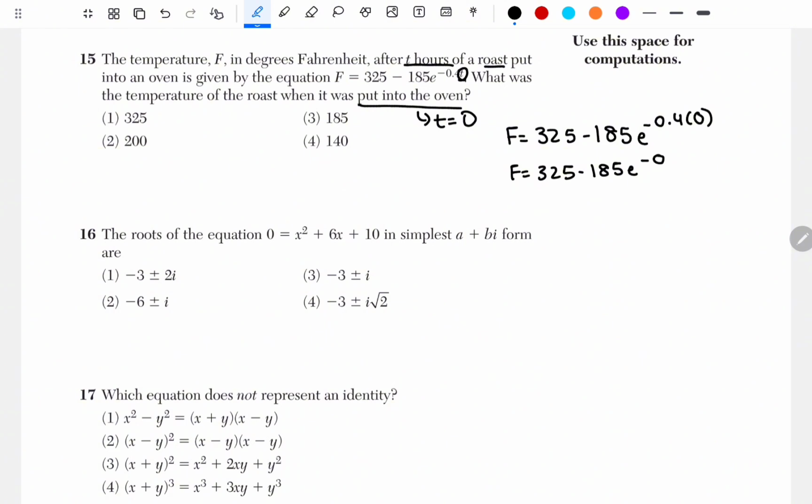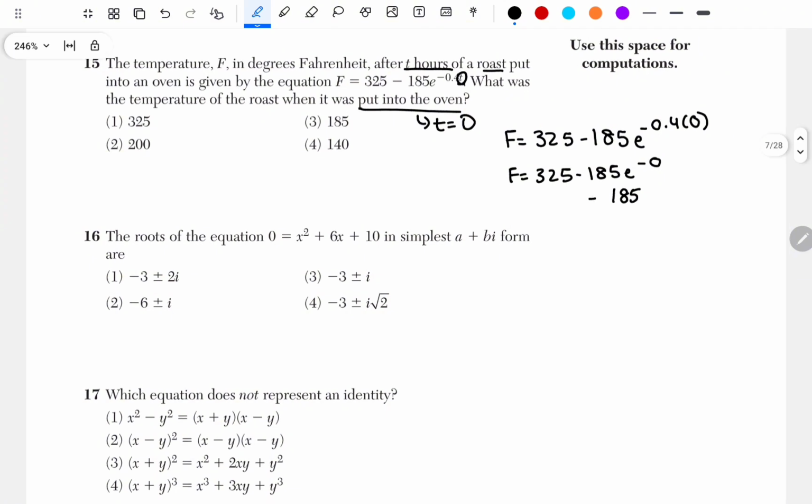Then we plug it into our calculator. 185 e to the negative 0 is just 185, because anything raised to the 0 power is 1. So e raised to the negative 0 is just 1.